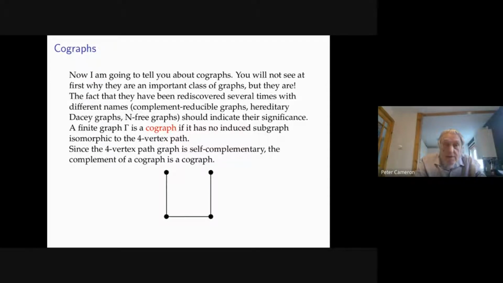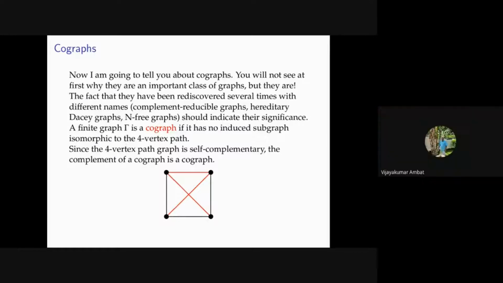There's a four-vertex path, and if you look at the missing edges, you see they also form a four-vertex path. So it's a self-complementary graph, and that means that if a graph contains no four-vertex path, then its complement contains no four-vertex path. So the complement of a cograph is a cograph. That's the first thing that we can note down.